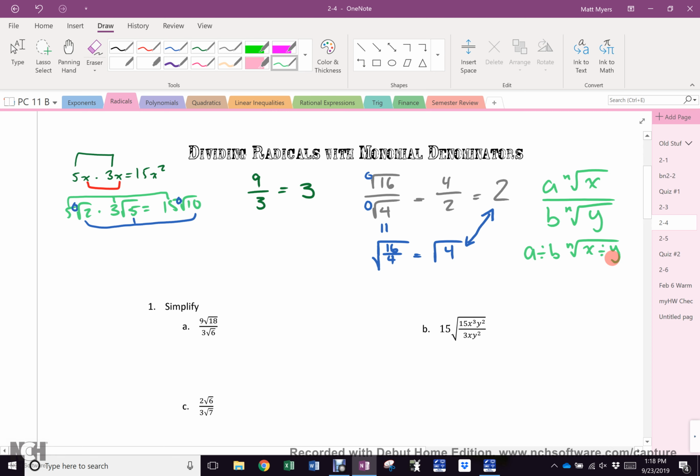Everybody good? Now, you're intelligent young people. Will this always be a tidy piece of division? No, it will not. For example, what if it was 15 over 6?